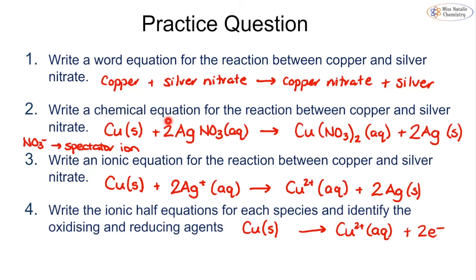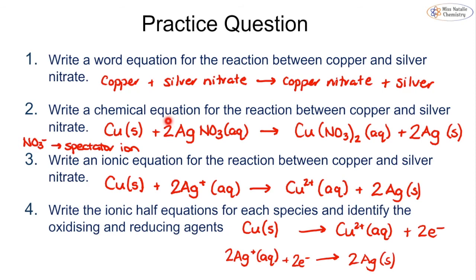Then we have silver, so we have 2 silver ions forming 2 silver atoms, and that means that each of them has to gain 1 electron. But because we have 2, we are gaining 2 electrons here. So the copper is losing 2 electrons, and those 2 electrons are being collected by the silver to form silver atoms.